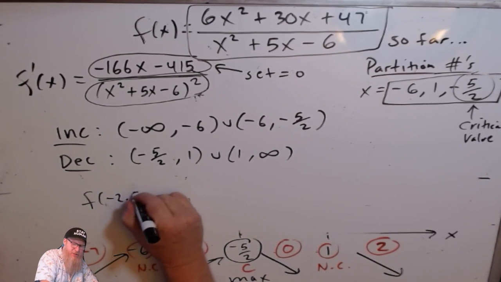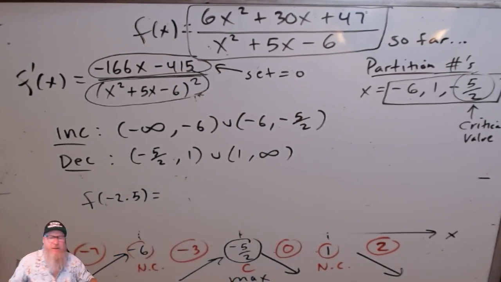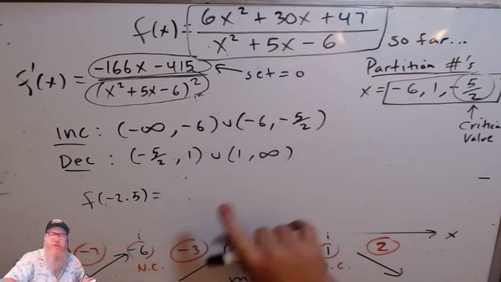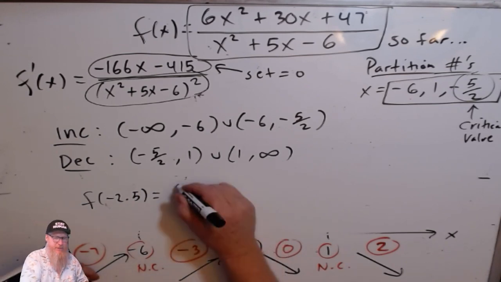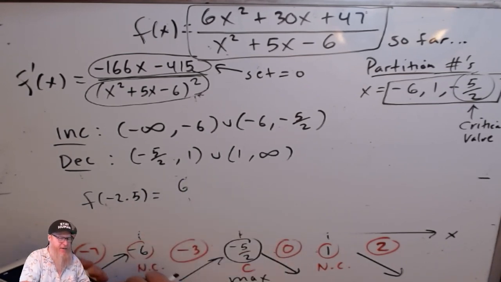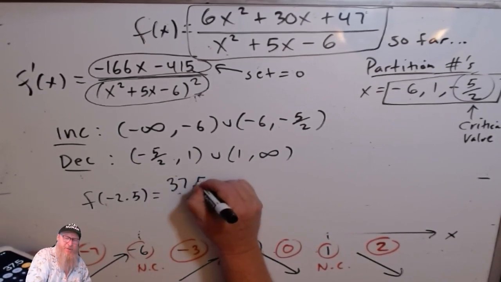I'm going to just switch to a decimal. To plug it into the original function, which I've been hanging on to this whole time, I've got -2.5 squared, 6.25, oh, then times 6. So that's 37.5.